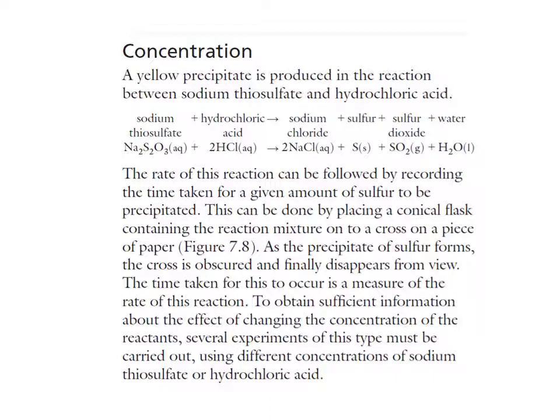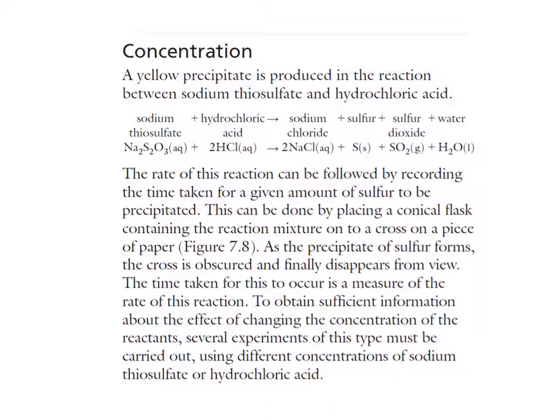So the rate of reaction can be followed by recording the time taken for a given amount of sulfur to be precipitated. Suppose you are measuring the sulfur that is precipitated out from this reaction, and the time taken to carry out that much of the reaction. You can make the graph and find the rate of reaction.